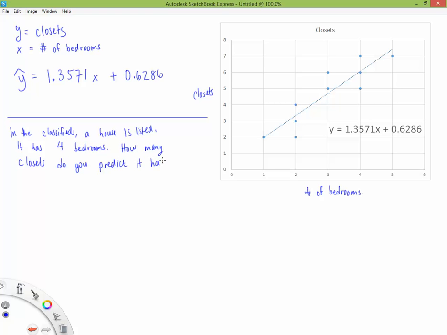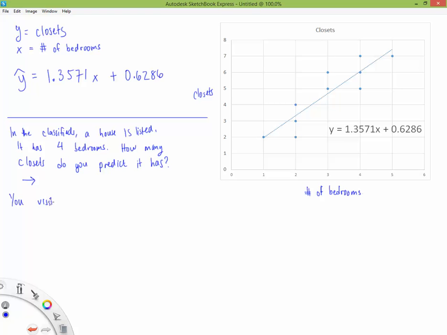So in the classified ads, a house is listed. This is just putting some context in there, it's not critical. The house has 4 bedrooms. How many closets do you predict this house to have? And then you visit the house. So this is part A, one question.